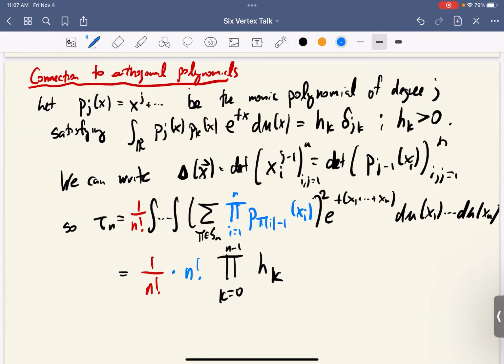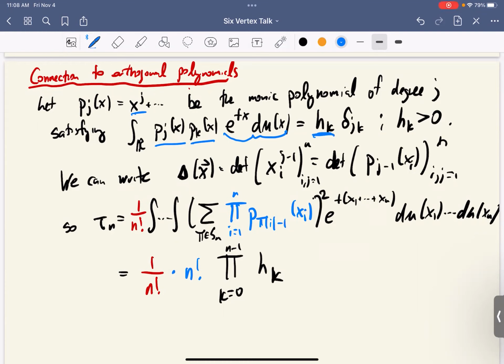So if you introduce some monic polynomials of degree j, this is a system of polynomials which are orthogonal with respect to the measure e to the tx d mu, whatever the mu is. That means this integral is 0 if the degree is different, and it's some positive constant if the degree is the same, which I call hk.